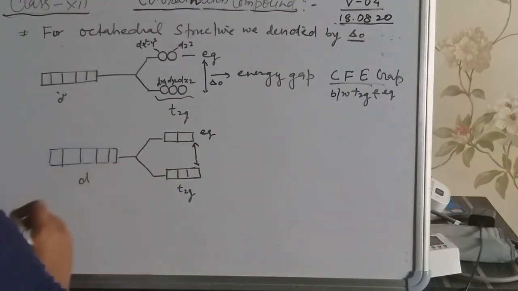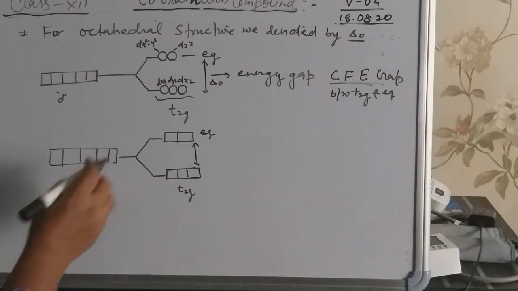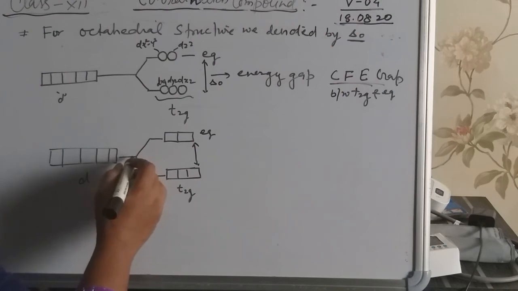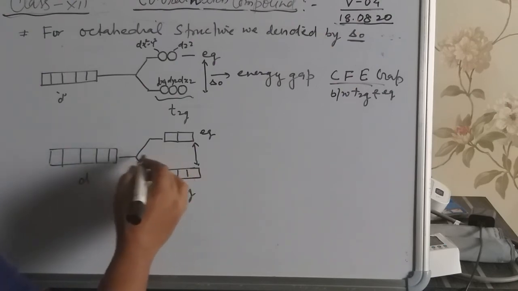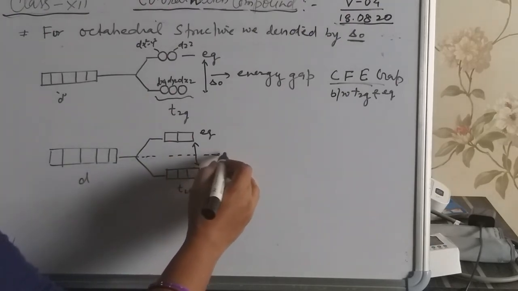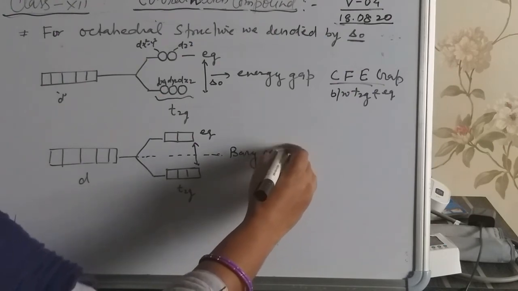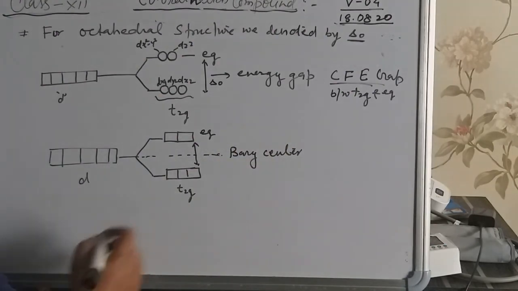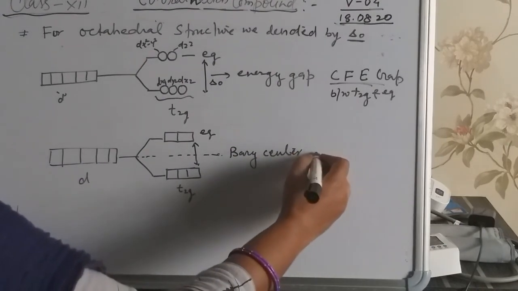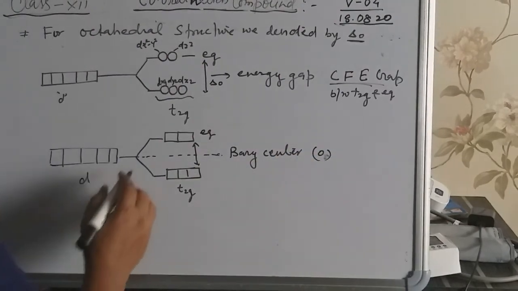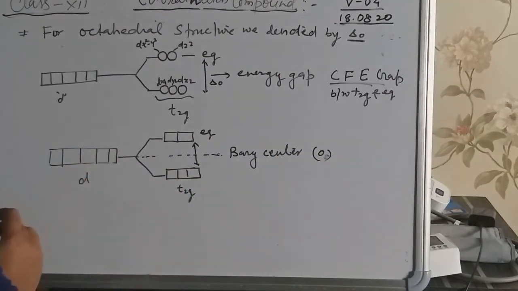And how will we calculate the energy of this particular orbital? For this we consider an average. So we take a mean point from this, and it is called the barycenter. We take the barycenter as 0, because we consider it the mean point.